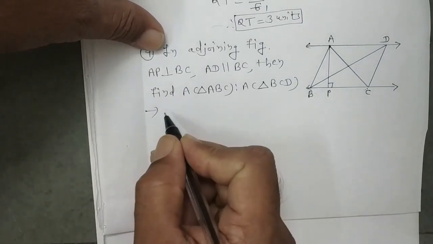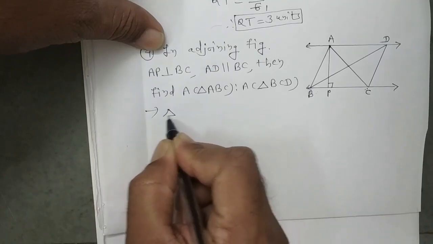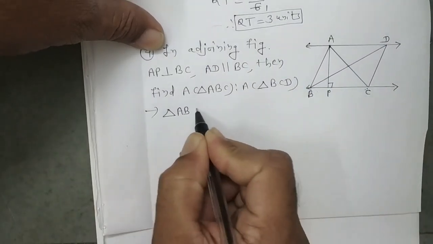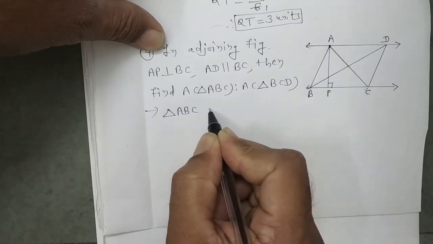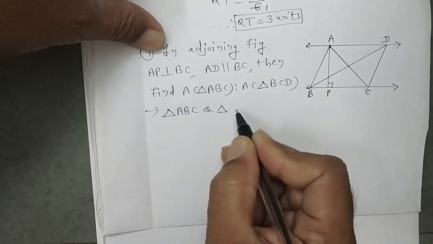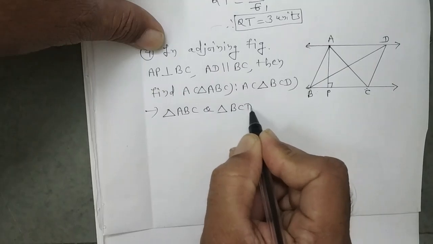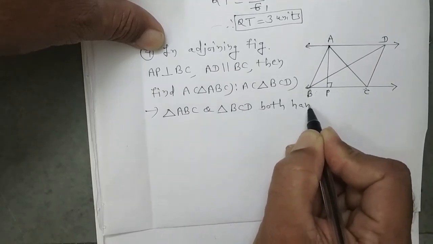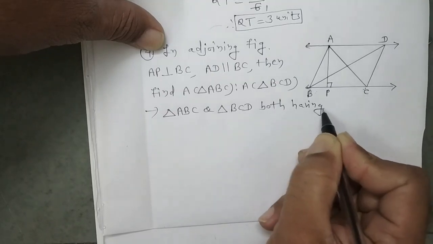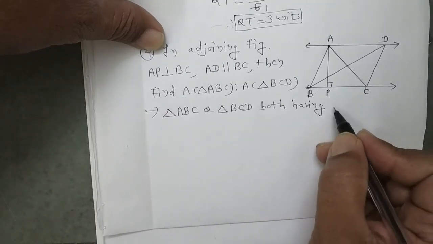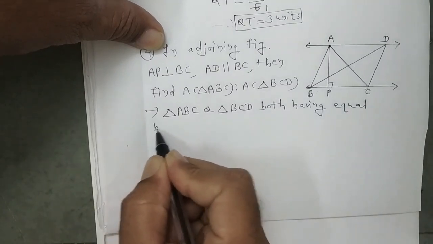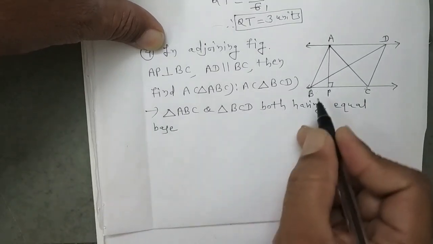Now triangle ABC and triangle BCD both having equal base BC.